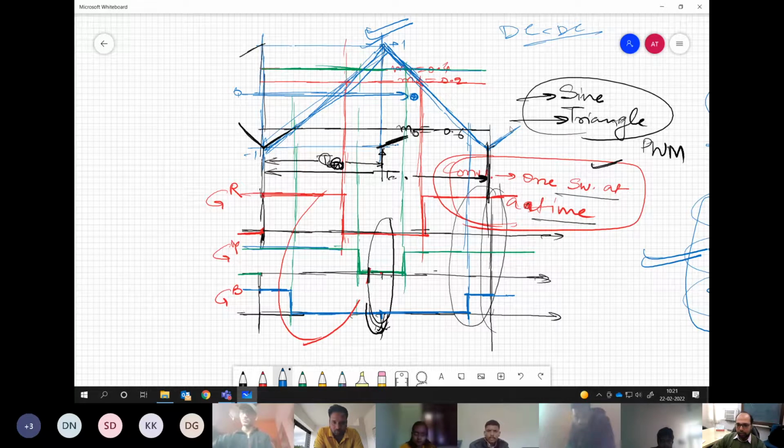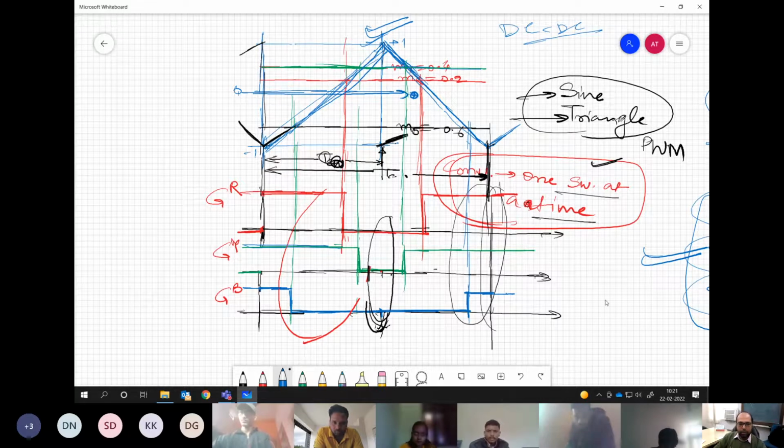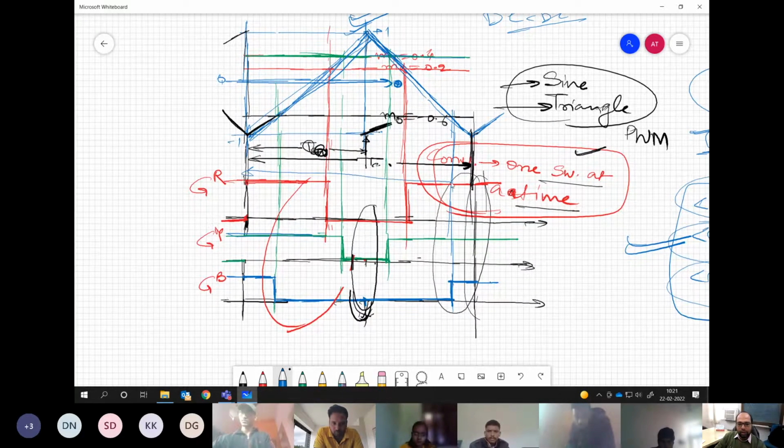Now, when you have this full waveform, this is one carrier cycle, right? Here if you see, the R phase is starting from on and ending at on. So this is one switching cycle you are completing. Similarly for Y and B also, you are completing one switching cycle. Wherever you started, you are ending with the same state.